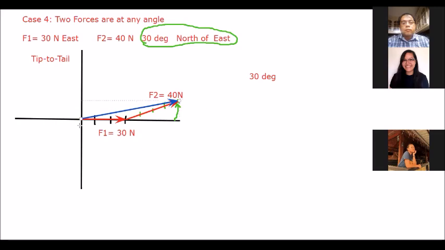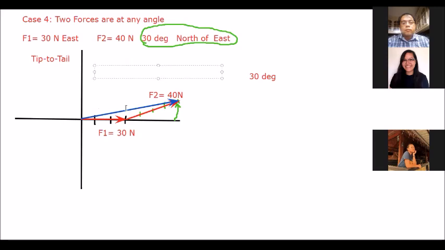We always measure it from the starting point to the tip of F2. And how do you get the length? Please use your ruler, guys. Kindly measure the length here, and we will now get the value of our FR.